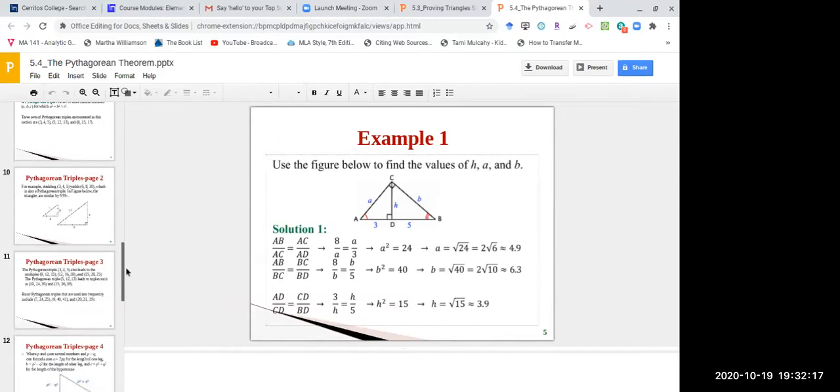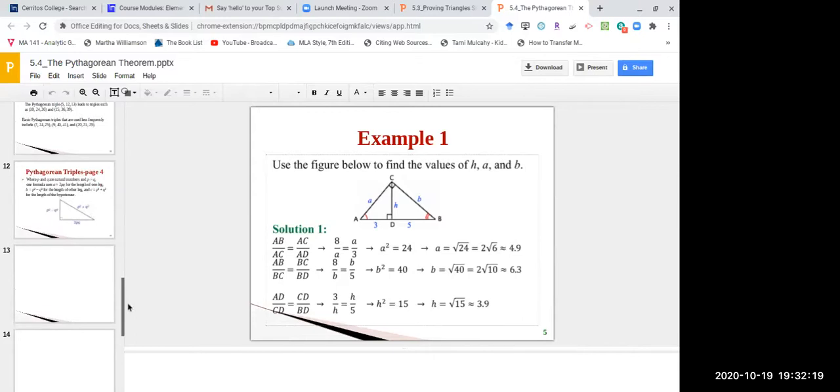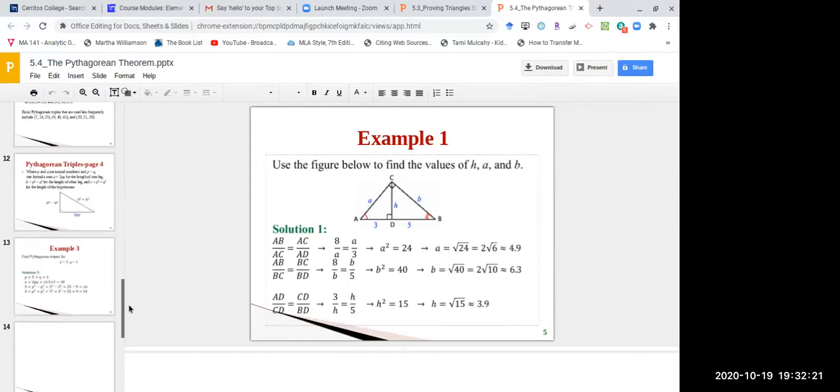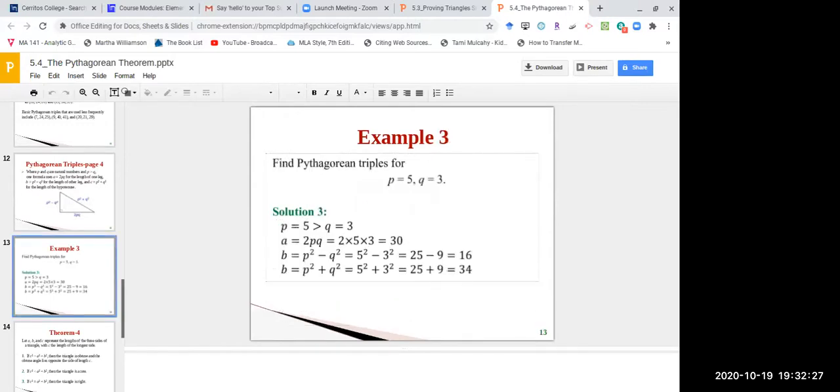Where we talk about the Pythagorean triples and the right triangles. Example 3, let me get us there. Find the Pythagorean triple for P5, Q3, and find the triples for that.